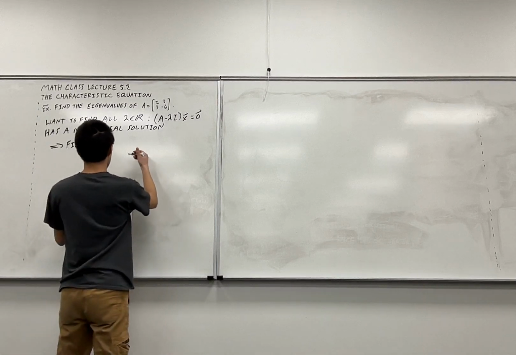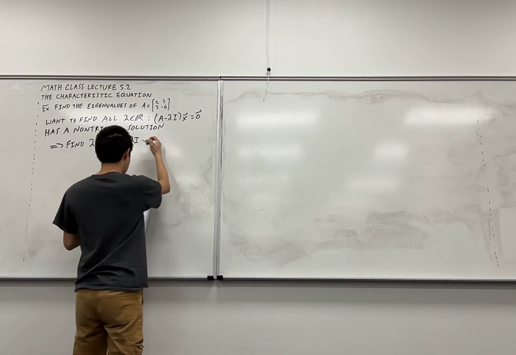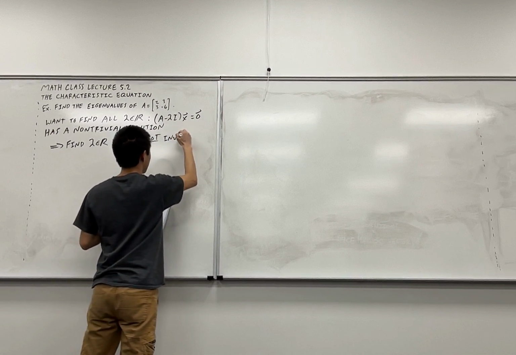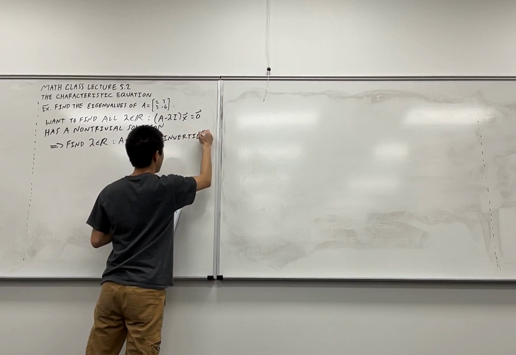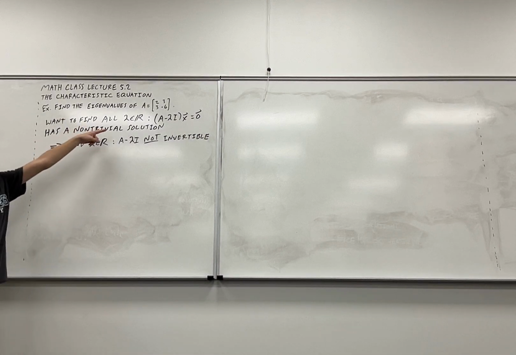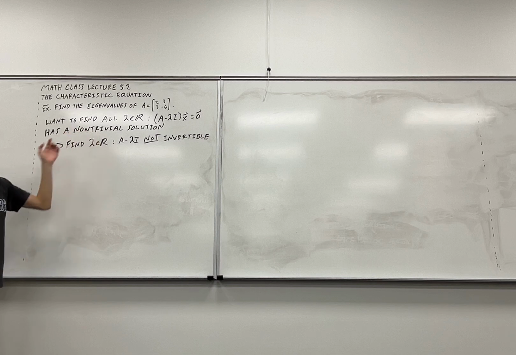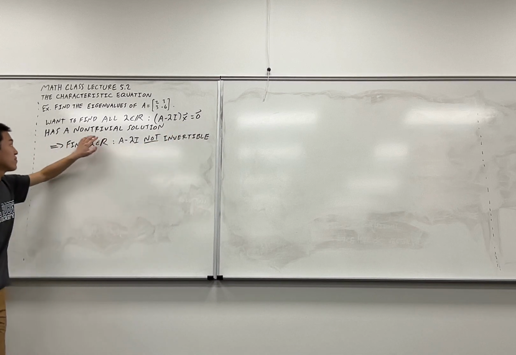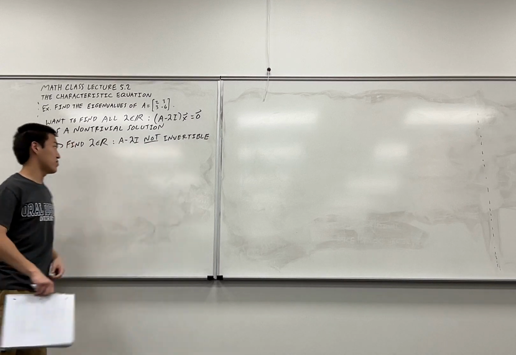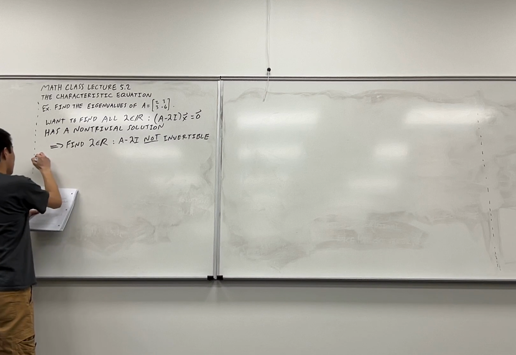So this lets me know that the matrix I'm dealing with, A minus lambda I, is not invertible. Does that make sense? If I want to find the scalars that satisfy this equation so that they have non-trivial solutions, I've just said I have a homogeneous equation that has not just the trivial solution, ergo not invertible. And if it's not invertible, this is where we take our hop back to Chapter 3.